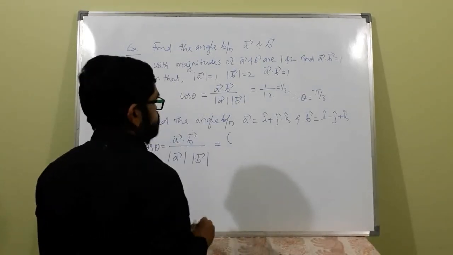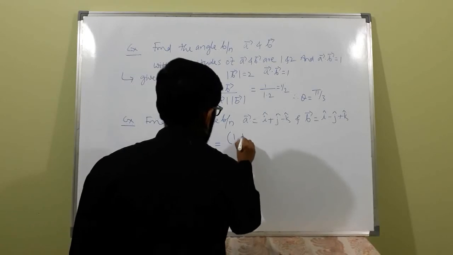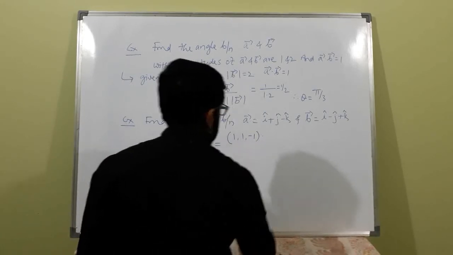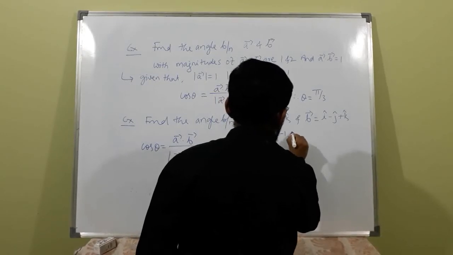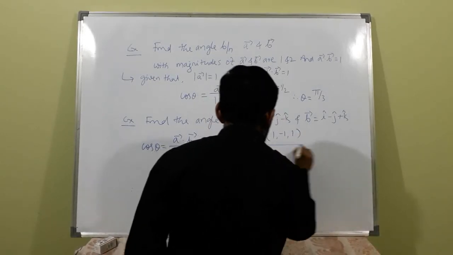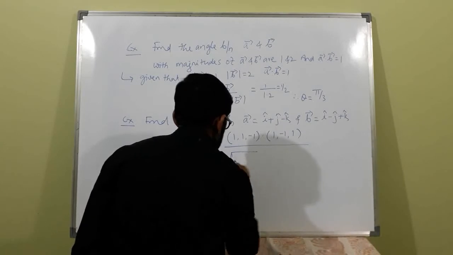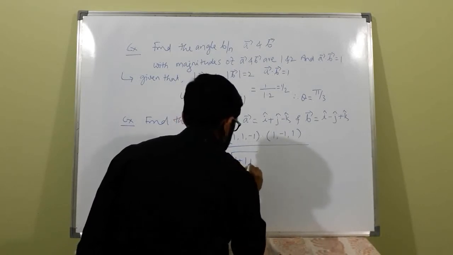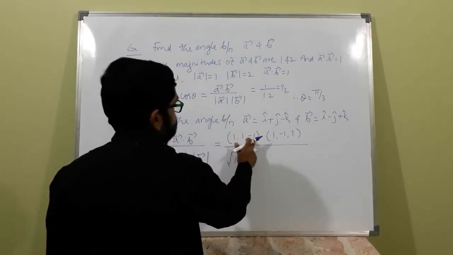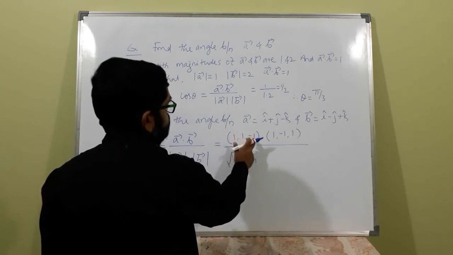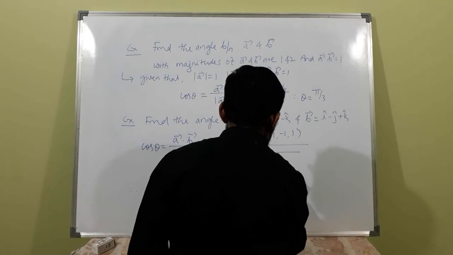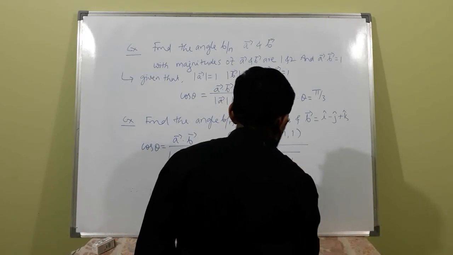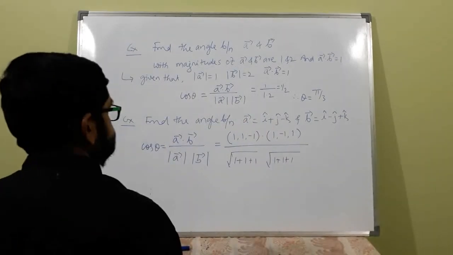A is nothing but 1, minus 1, 1, dot 1, 1, minus 1, whole divided by square root of 1 square plus 1 square plus minus 1 square into 1 square plus 1 square plus 1 square.